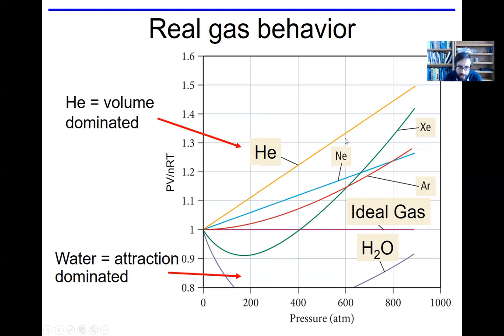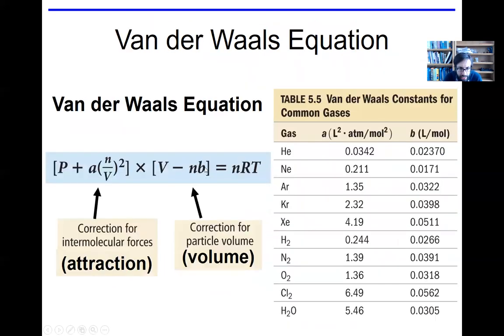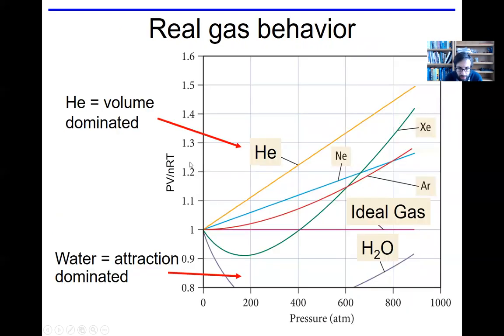And you can see for helium, we call it a volume dominated gas, meaning that basically it's just a straight line here, which makes sense. This is a linear correction factor here. And so it makes sense that we should have a straight line for this volume dominated gas. It means that helium isn't interacting with itself very much. And instead, the only correction factor I have to do is this volume portion of the van der Waals equation.